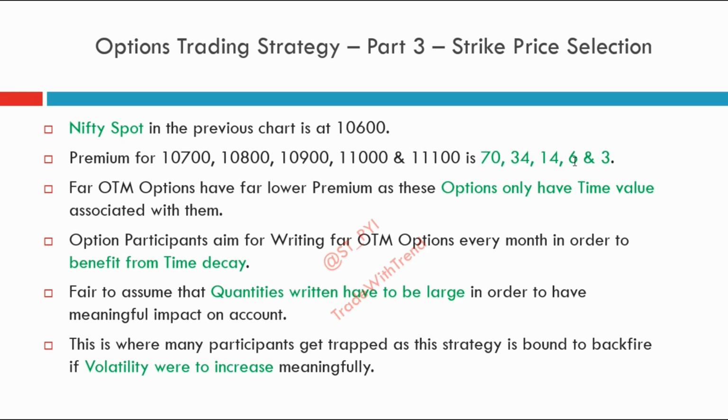Now just imagine the losses that you will undertake just to pocket this 14, 6 or 3 rupee premium. Again, people who do this would say that this is extremely safe and Nifty does not move that much and this is easy money to be made. Let me tell you, they are horribly wrong. There are countless accounts where people lose their entire savings just because of this type of thinking.